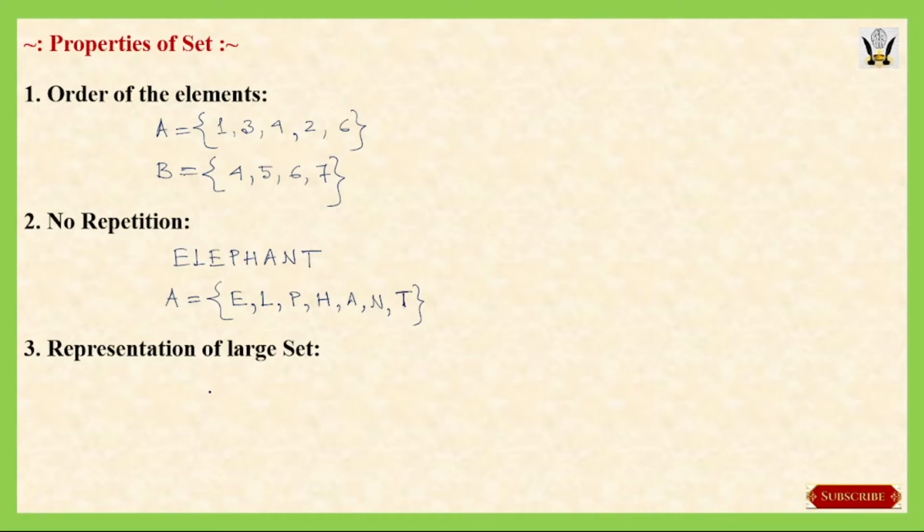Now the third property talks about the representation of a large set. Suppose the set A will have the first 5000 positive integers. When we represent that set, we will write it this way. First we will write a few elements of that set and then we will represent it by 3 dots. That signifies that it is a large set, and these 3 dots signify that there is a continuation of the elements.